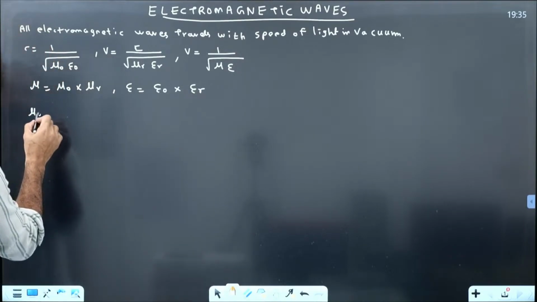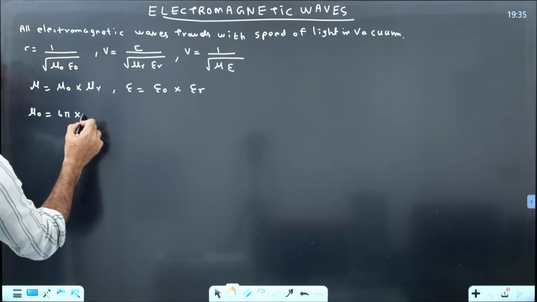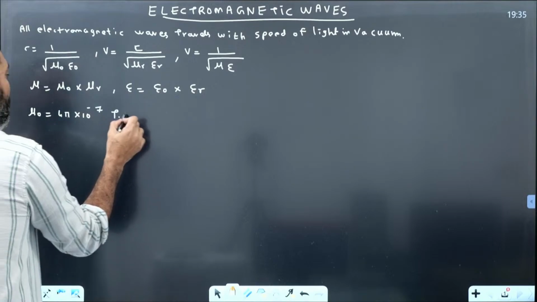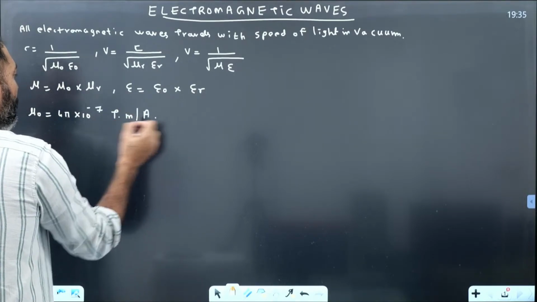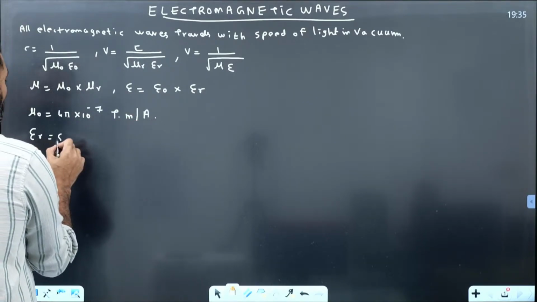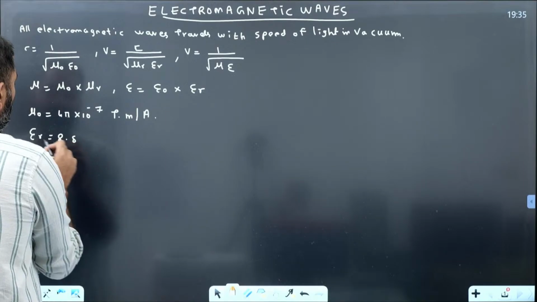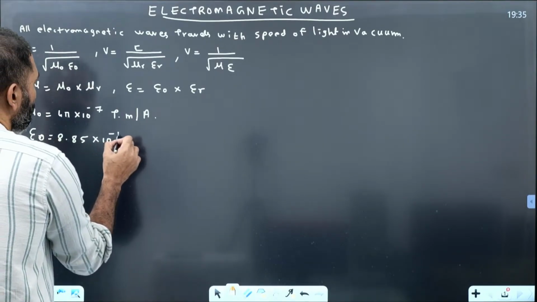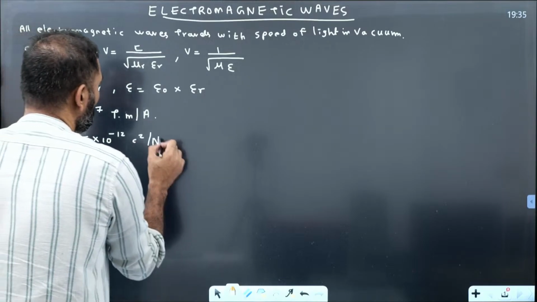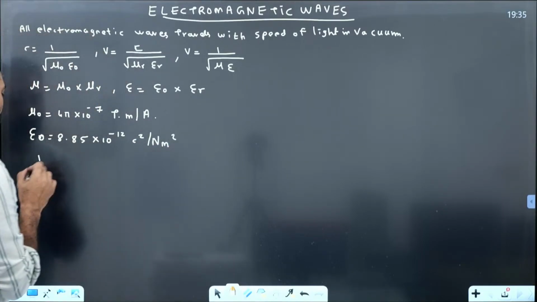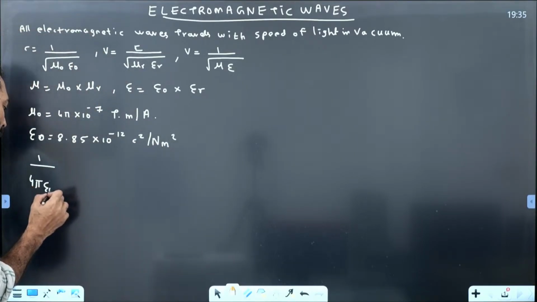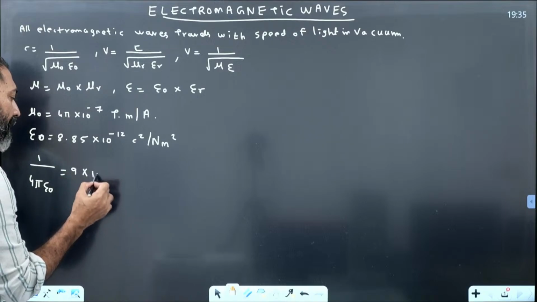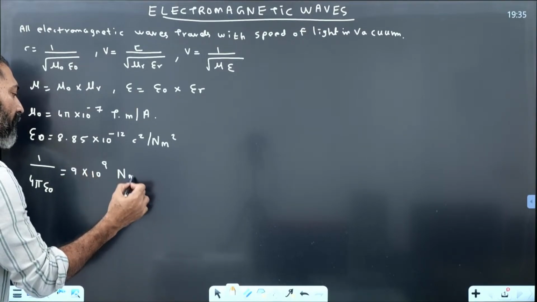Mu 0 is equal to 4 pi into 10 raised to minus 7 Tesla meter per ampere. Epsilon 0 is equal to 8.85 into 10 raised to minus 12 coulomb square per Newton meter square. 1 by 4 pi epsilon naught is equal to 9 into 10 raised to 9 Newton meter square per coulomb square.